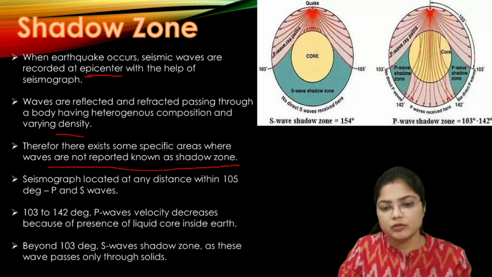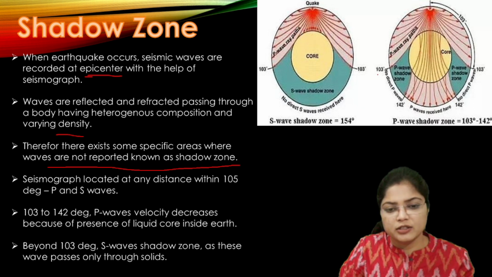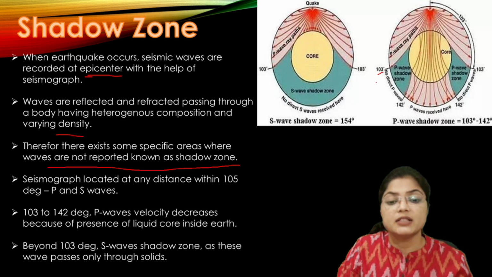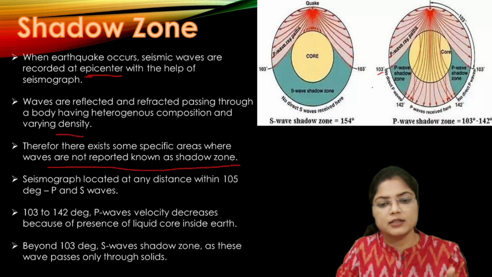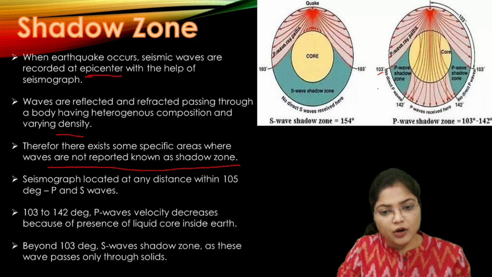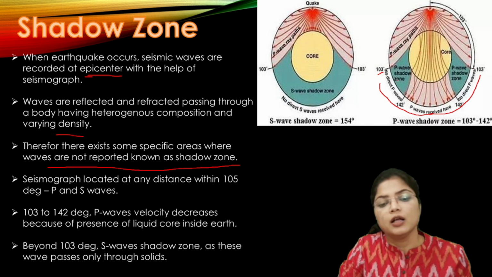P waves are traveling here also, but after 103 degree, here it is mentioned 103, but in NCERT it's 105 degree, means after 105 degree, or you can say 103 degree, which is mentioned over here, no S waves are found. No S waves are found means this whole area is the shadow region of the S wave, because in this whole area there is liquid.